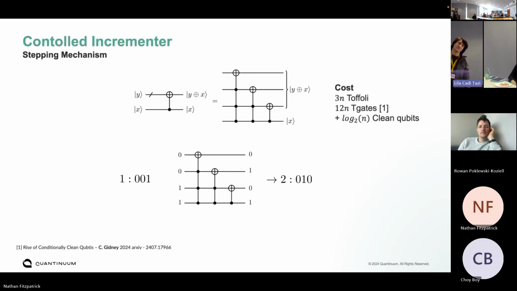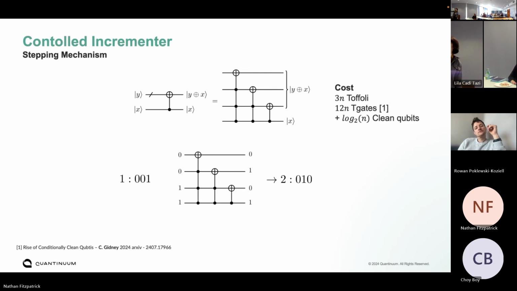That means we have 0 to 7 integers held within this register. If we go in with a 1, you can see that if this bottom one is a 1, that means we're going to fire the incrementer. This one will flip, so go to 0. And then this one flips.